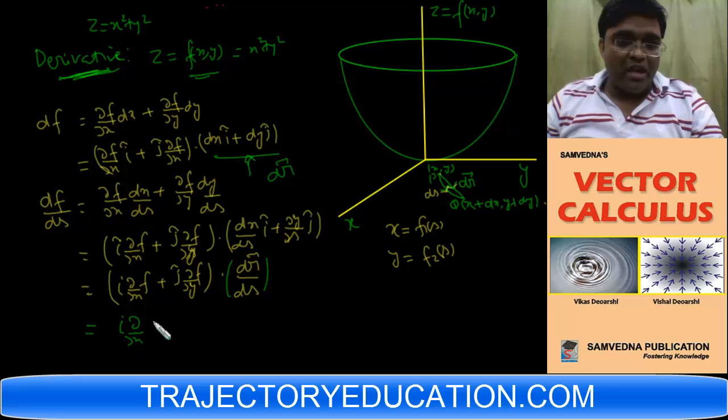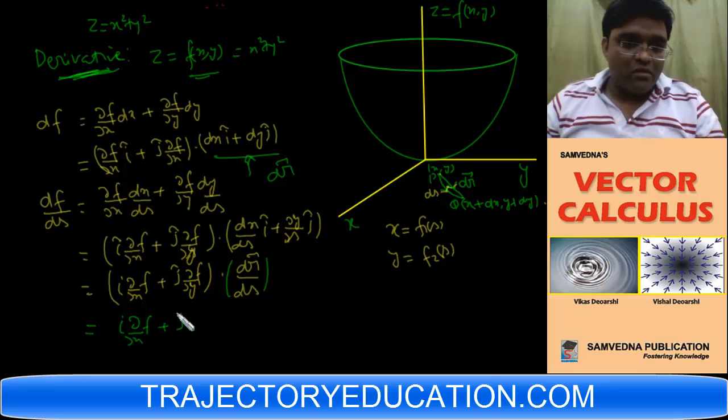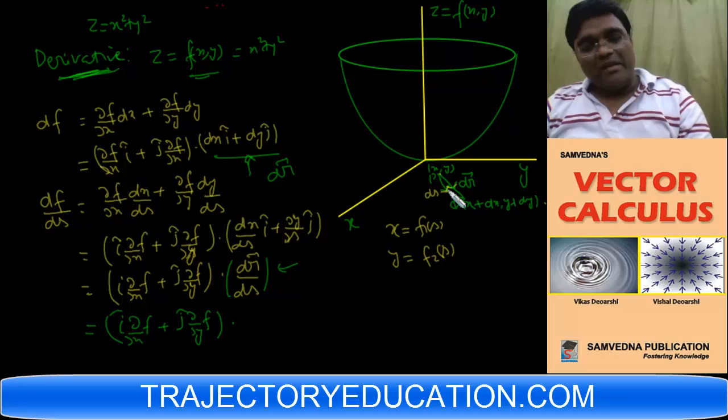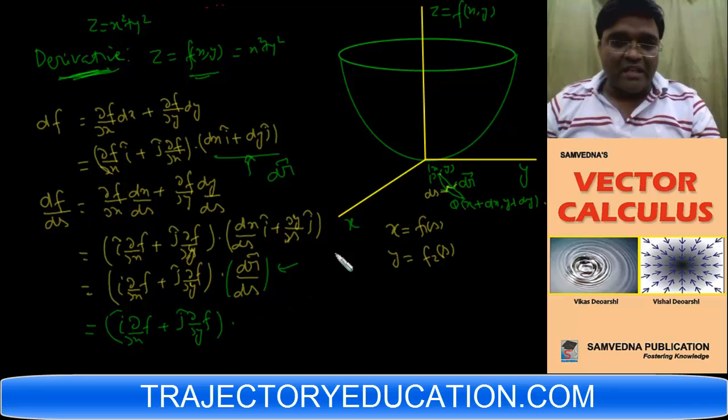So I can write dou f by dou x i plus dou f by dou y j, dot, what is this dr by ds? dr by ds is the unit vector. Obviously, in the limiting case, this length of curve and this vector dr, which is a vector from initial point to final point, ds will be the magnitude of dr. So dr by ds is nothing but the unit tangent vector.